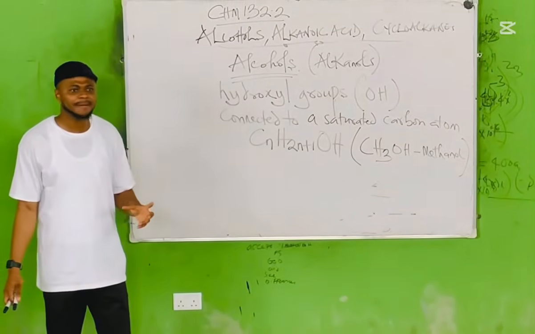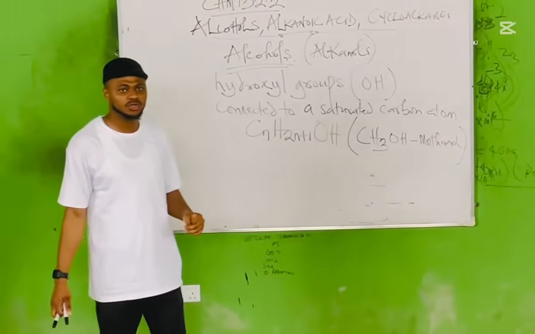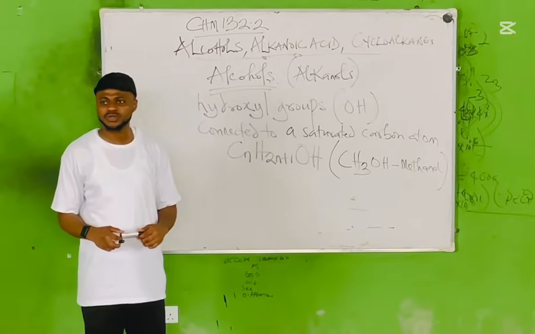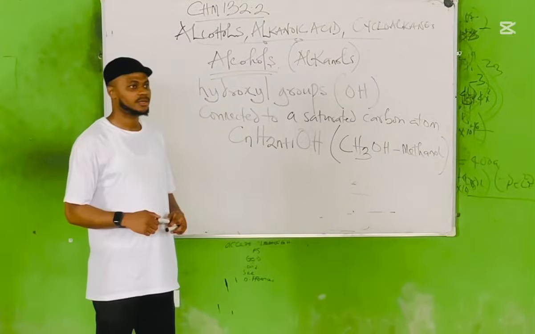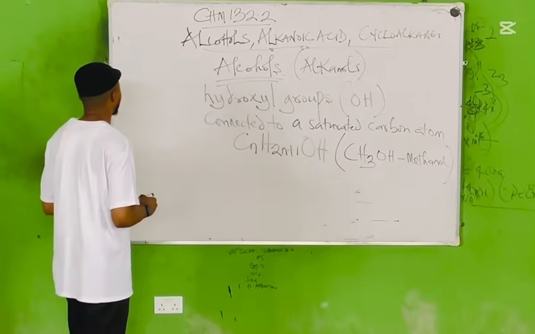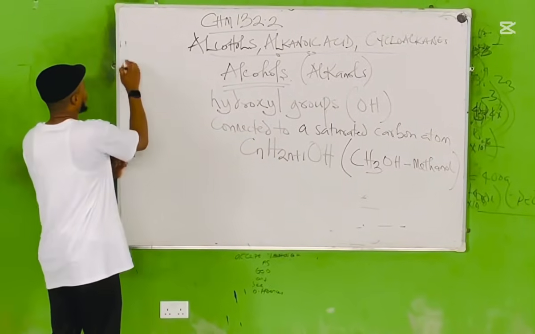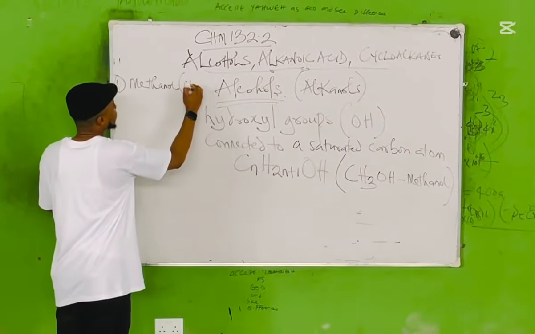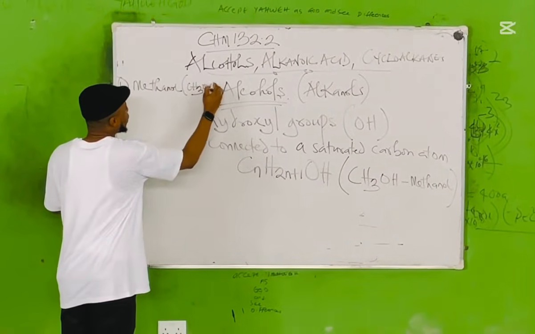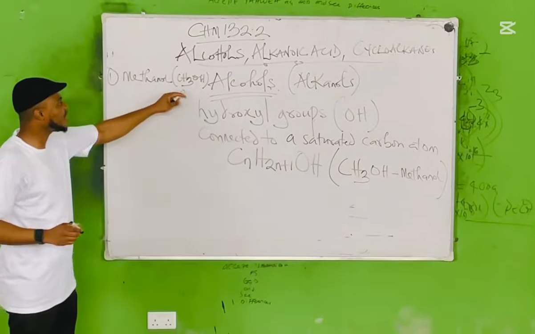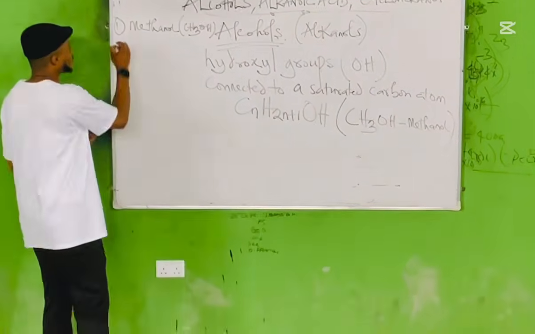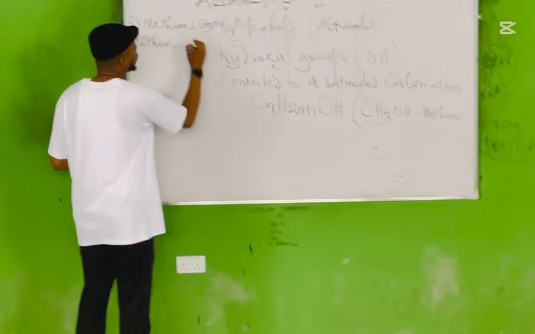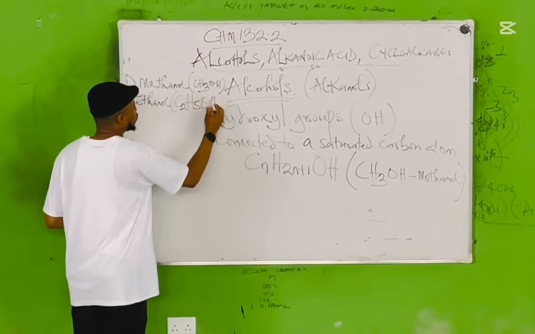Now, the first 10 members of the alkanol series. Number 1, methanol, is CH3OH. Number 2, we have ethanol, which is C2H5OH.